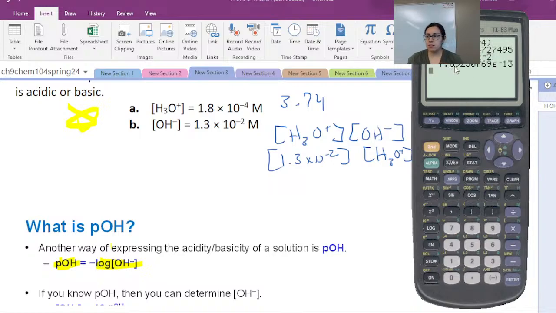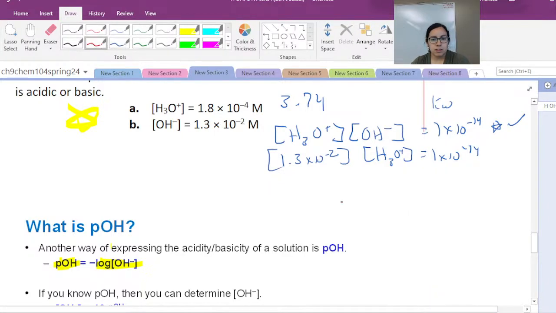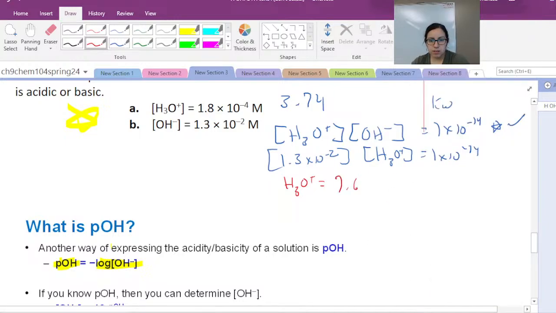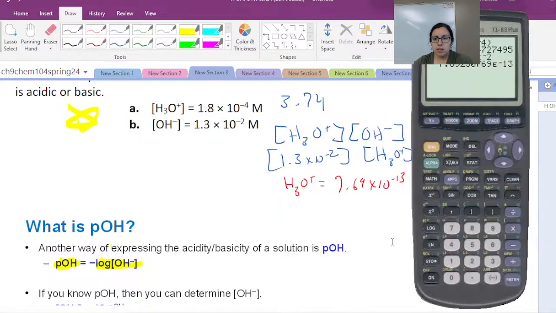And so now this is our hydronium concentration, 7.69 times 10 to the negative 13. And so now let's get the pH of that. So negative log of our hydronium. And so we get 12.11.